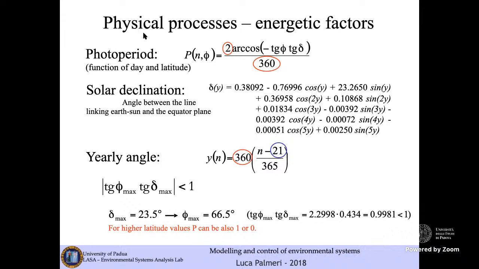So the photoperiod function varies in the interval 0, 1: 0 during winter at the polar latitudes, and 1 during summer at the polar latitudes. So this is a very trivial model that describes the quantity of radiation that reaches the Earth as a function of the place on the Earth and as a function of the time of year.